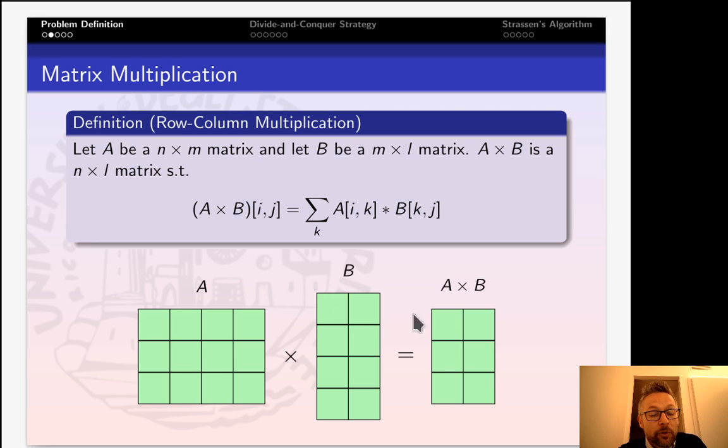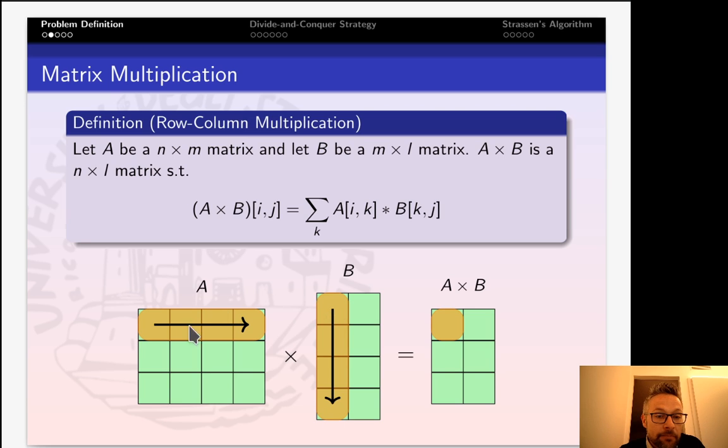If we want to evaluate the element in position 1,1 in A times B, we have to multiply the first element in the first row of A by the first element in the first column of B. And this should be summed with the second element in the first row of A times the second element in the first column of B, and so on and so forth.